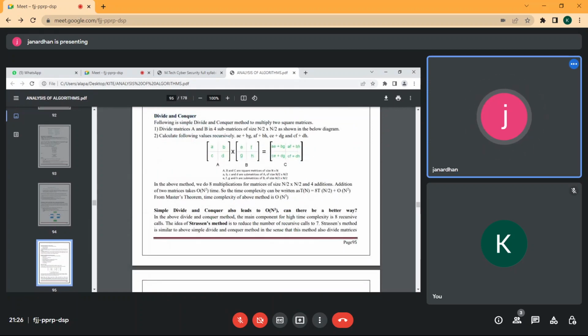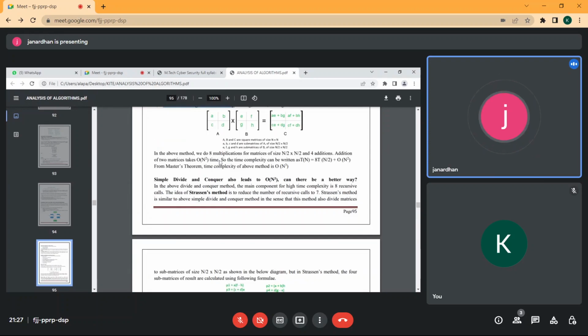Divide and conquer. Following is a simple divide and conquer method to multiply two square matrices. First, divide matrices A and B into 4 submatrices of size n by 2 by n by 2, as shown in the below diagram. Calculate the following values recursively: AE plus BG, AF plus BH, CE plus DG, and CF plus DH.